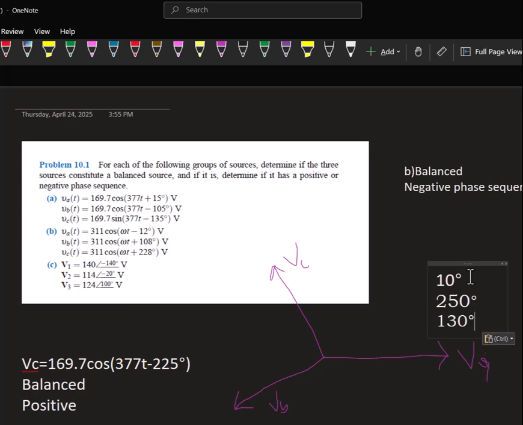Is that positive or negative? Well, first, is it balanced? And then is it a positive or negative phase sequence?